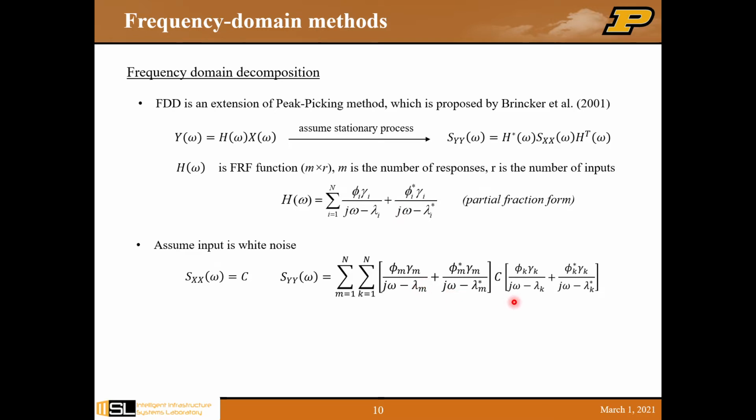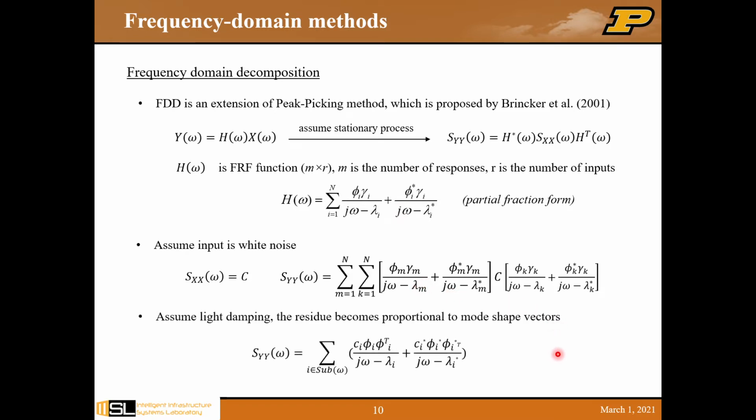Okay. Assume that the damping is light, and then the residuals, which correspond to the numerators in these terms, become proportional to the mode shape. And also we can claim that at a certain frequency, only a limited number of modes contribute to the magnitude of the power spectral density of the measurement.